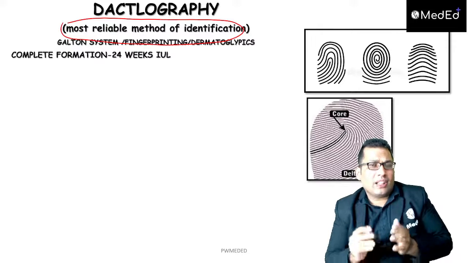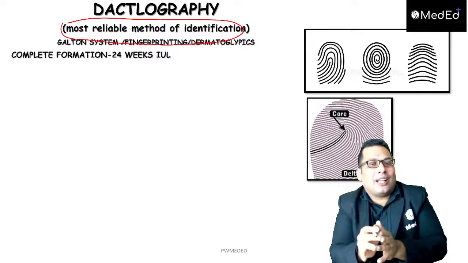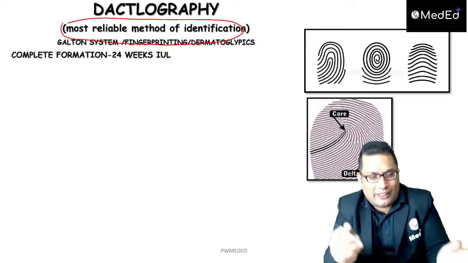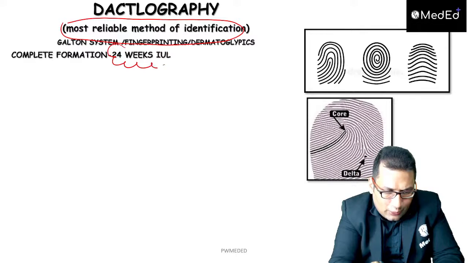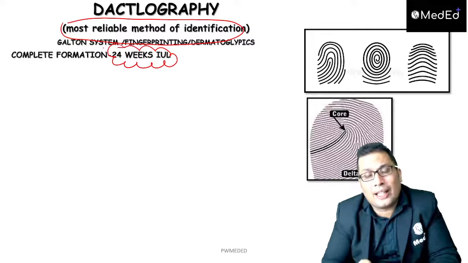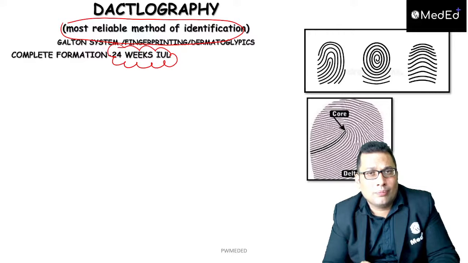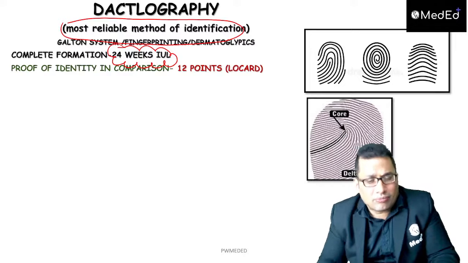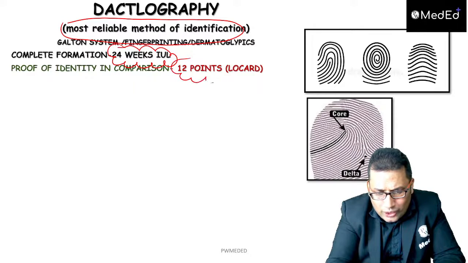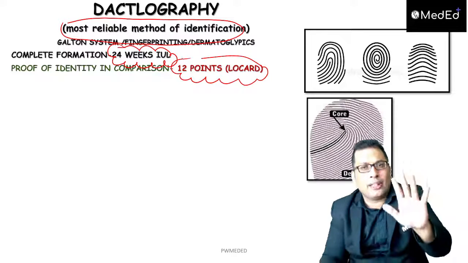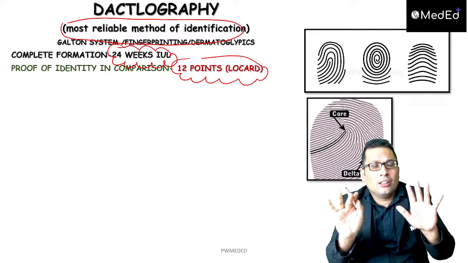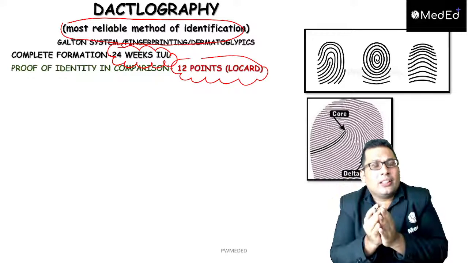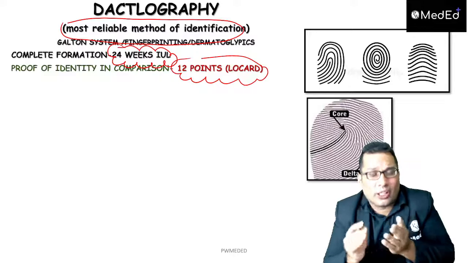Complete formation, when it is going to form, your answer should be 24 weeks. In 24 weeks of intrauterine life, it is completely formed. Proof of identity, your answer should be 12 points, when comparing two fingerprints, according to Locard.